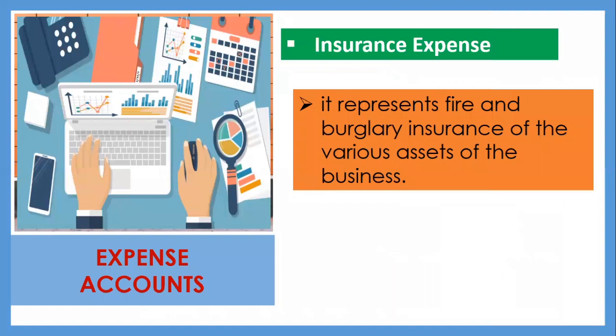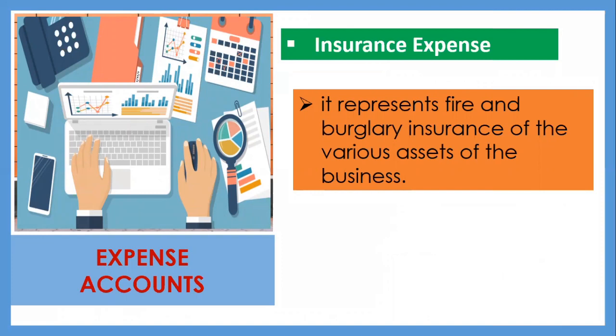Insurance expense represents fire and burglary insurance of the various assets of the business. Normally, for fire insurance, what is insured is the building, and most of the time, the equipment as well.